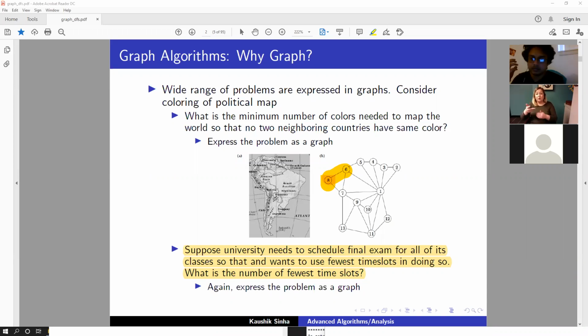So graph algorithms are going to talk about this abstract data structure that comprises of vertices and edges connecting them. And we are going to talk about different types of things, such as traversing a graph. Let's say that I want to go from 8 to 12. Which path do I follow to get to that particular node? Or these sort of coloring algorithms.